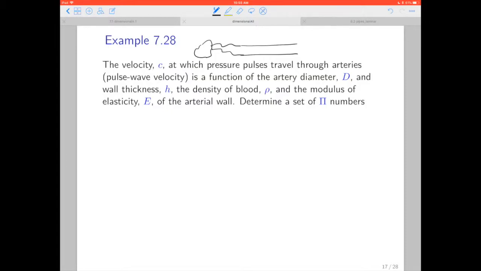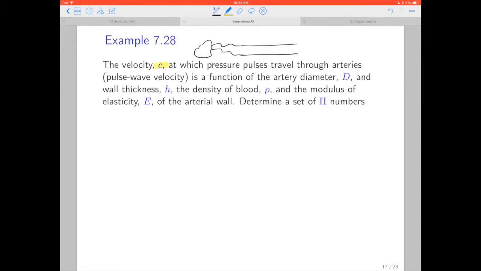The heart is a pump, a positive displacement pump. The main difference is that it works by pulses. So C in our case is going to be the velocity of the blood, and we are going to have pressure pulses that travel through the arteries.